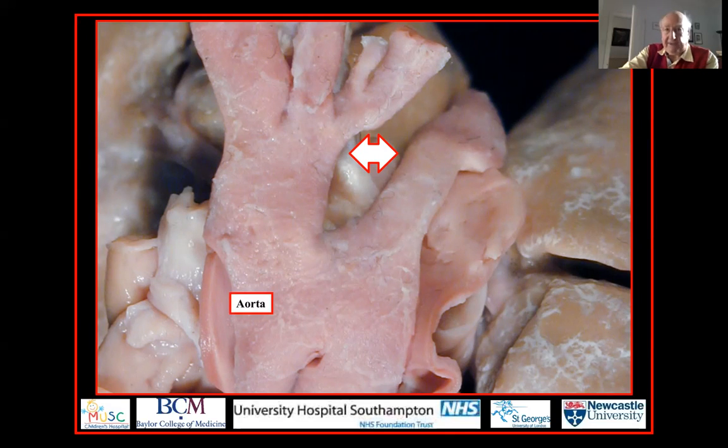Because here, in this particular specimen, between the aorta and the pulmonary trunk, we have an aortopulmonary window. And the essence of the aortopulmonary window is that it is intrapericardial, and it is a malformation of that distal part of the intrapericardial outflow tract.